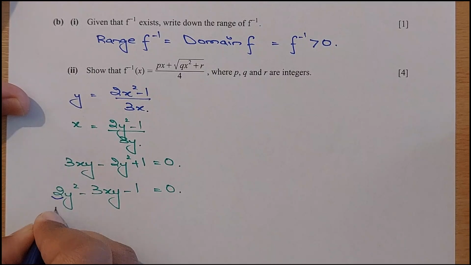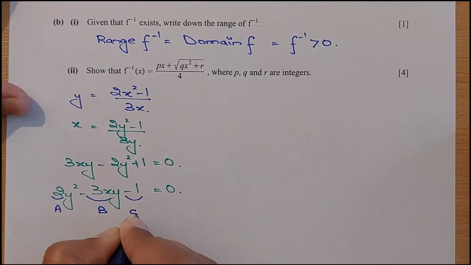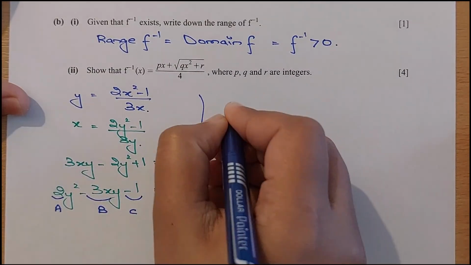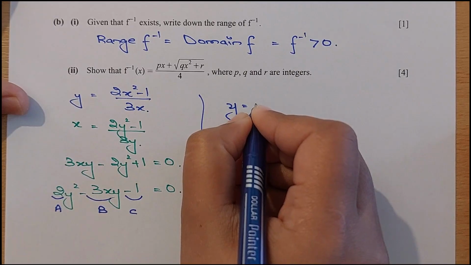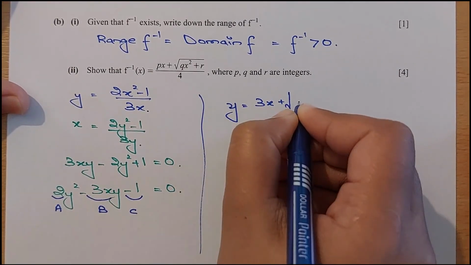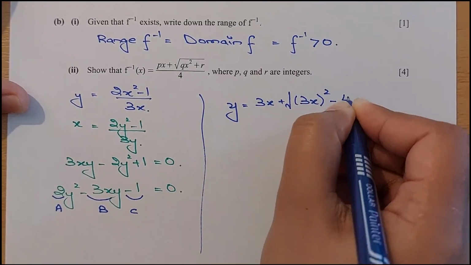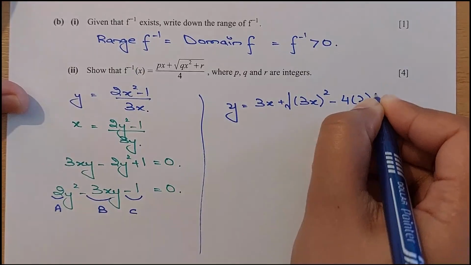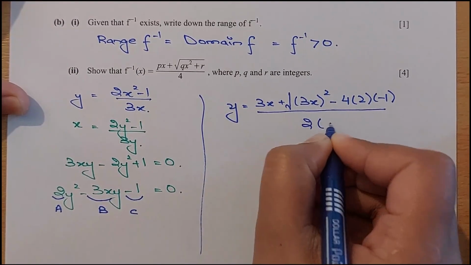Quadratic formula: y is equal to minus b, so that is 3x, plus square root of b square, so 3x square, minus 4ac, a value is 2 and c value is minus 1, whole divided by 2 times the a value, that is 2.